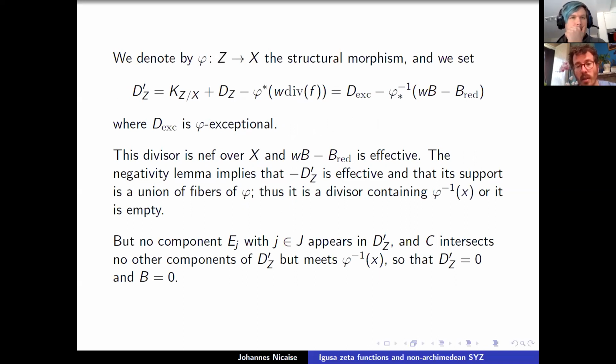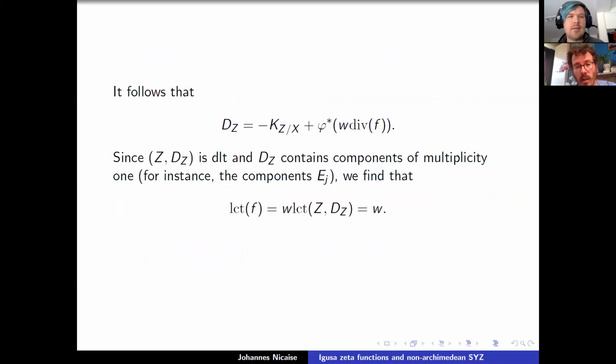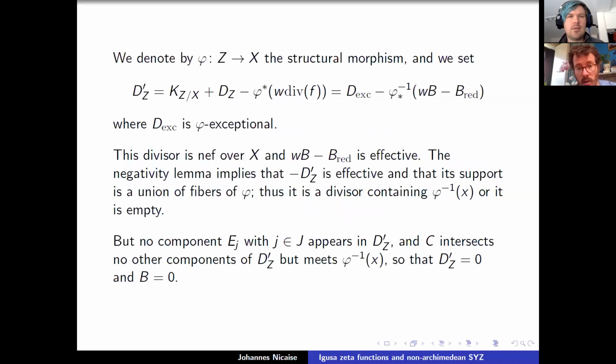That's right. And so a priori Z is not smooth. That's right. The pair (Z, D_Z) is DLT, which is an approximation of an SNC pair, but it's not exactly the same thing. So Z will have singularities in general.